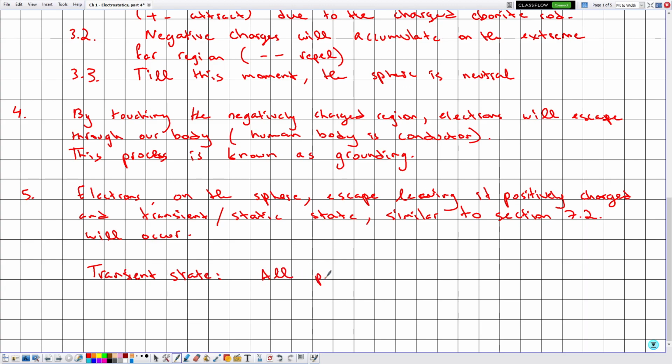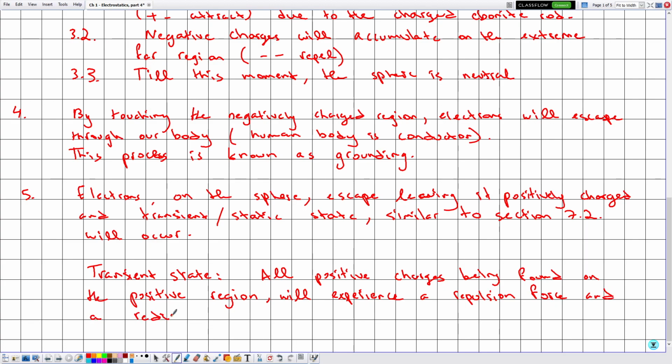All positive charges being found on the positive region will experience a repulsion force, and a redistribution of charge will occur.